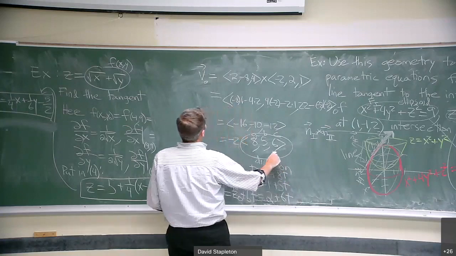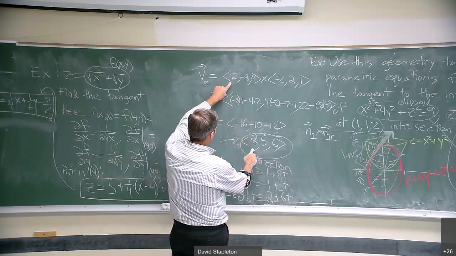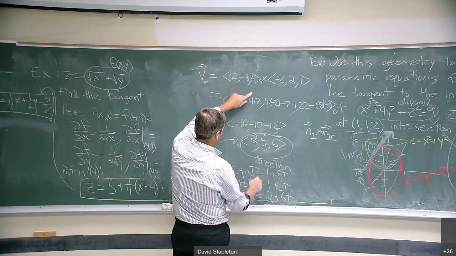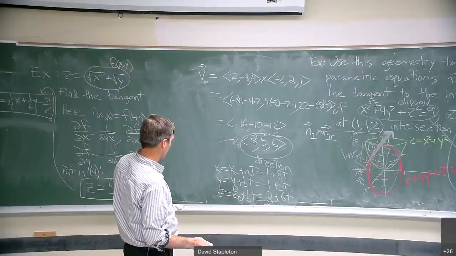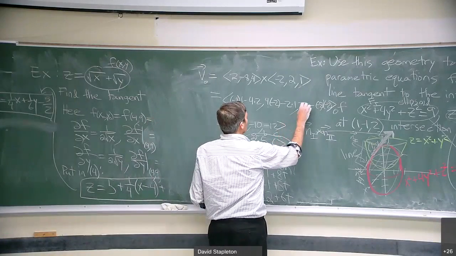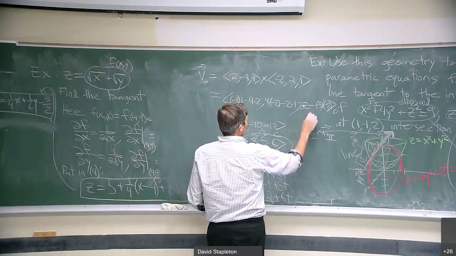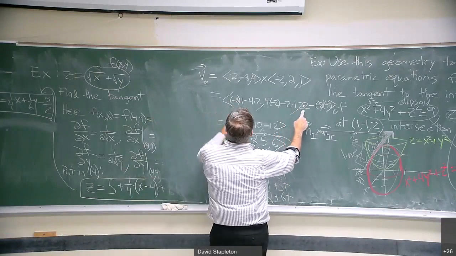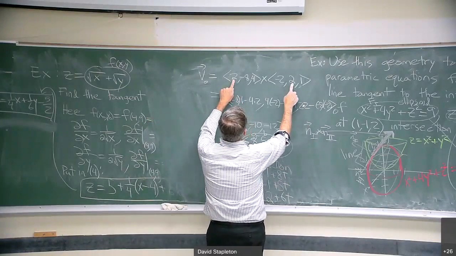Make sure this is right. Sometimes you get the cross product wrong. Where'd that 22 come from? Oh, it's 2 times 2, sorry. There's a dot that doesn't show up very well up there. It came from this times this, minus this times this.